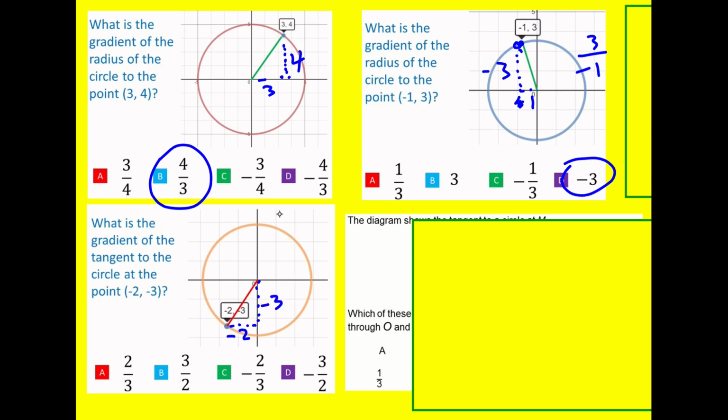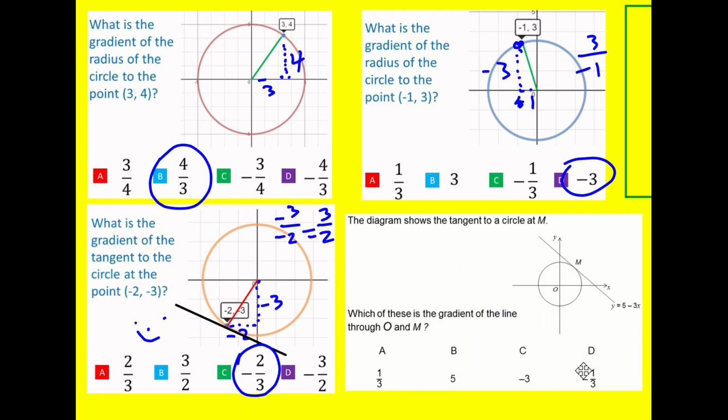So the gradient is going to be -3 over -2, which is just 3 over 2. But it's asked me for the gradient of the tangent, which remember is the line that just glances off of it. That's not a great tangent, but it's good enough. That is going to be the negative reciprocal, so I'm going to flip it around and make it negative. It's going to be minus 2/3. So well done if you got that, because that's a crucial bit of the lesson.